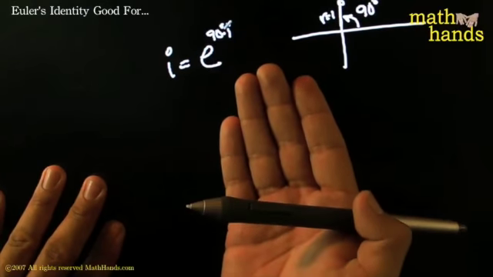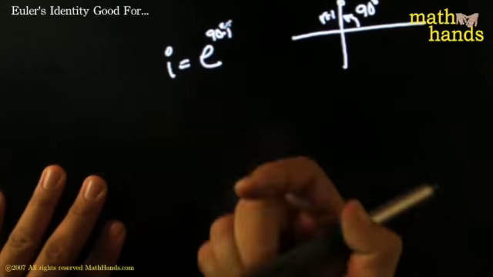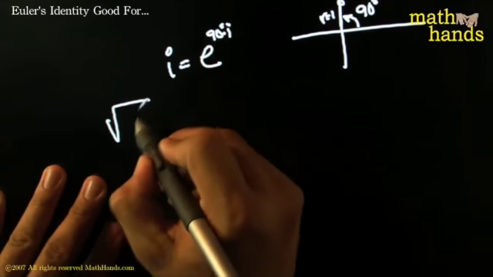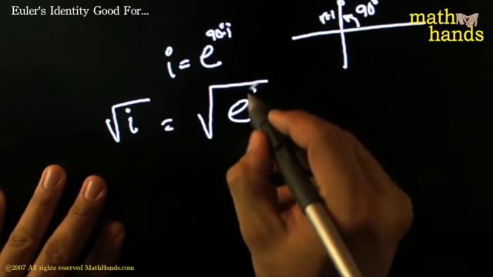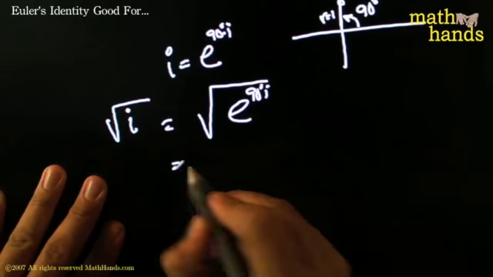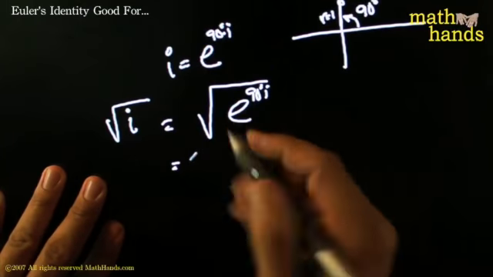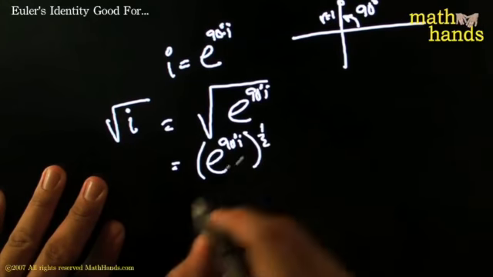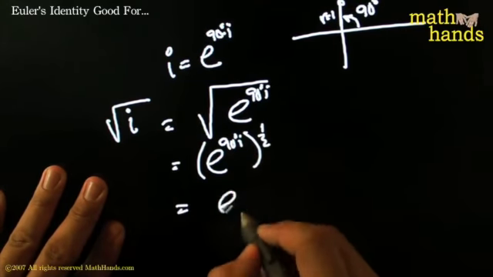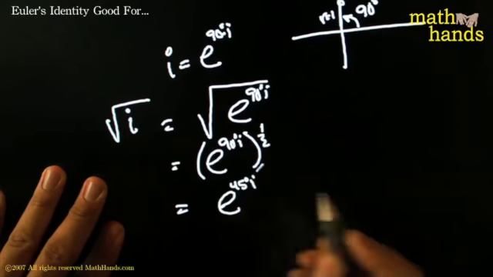Have you ever wondered what is the number that when you square it, you get i? And you might think, hey, maybe that number is i itself. But wait, if I square i, I get negative 1. So that doesn't help. Then you think, hey, maybe negative 1. But when you square it, you get 1.